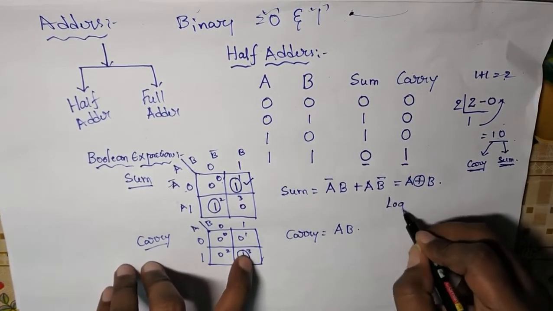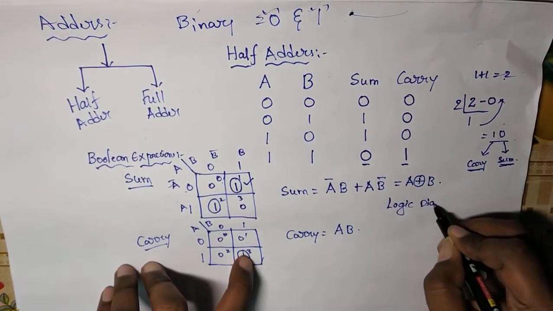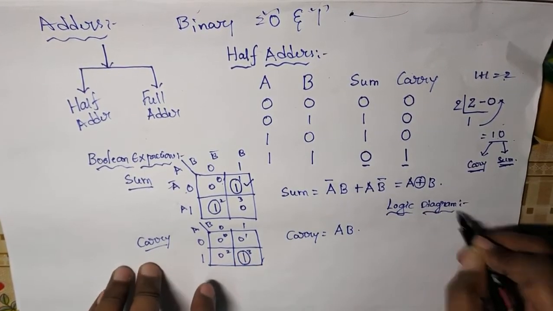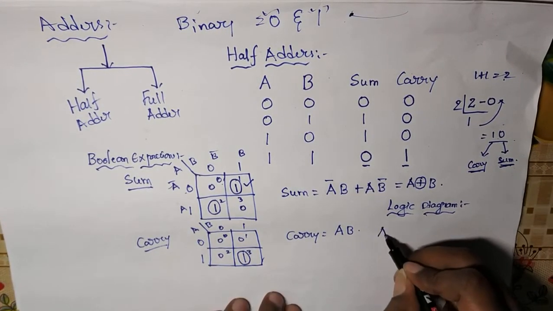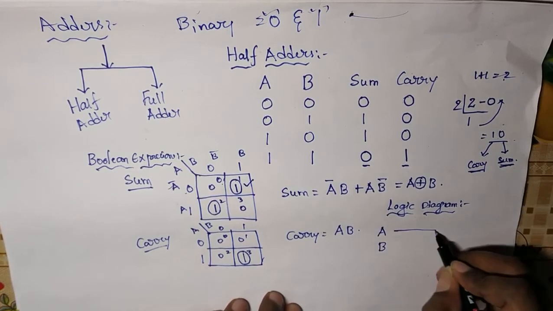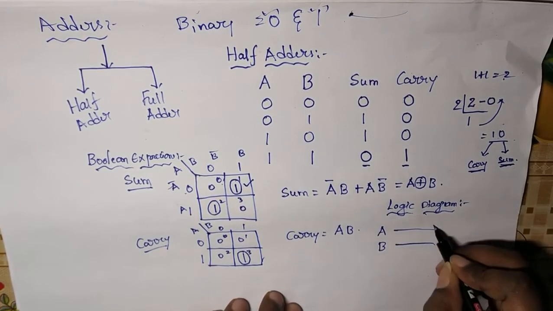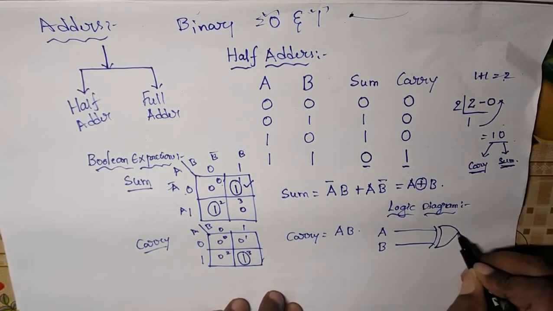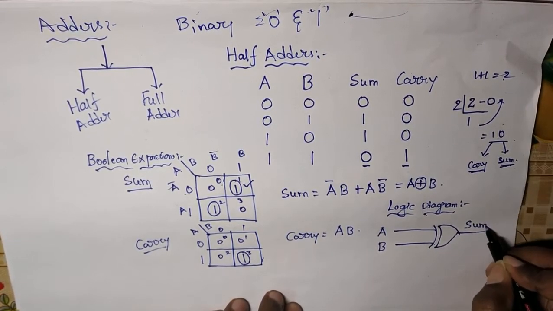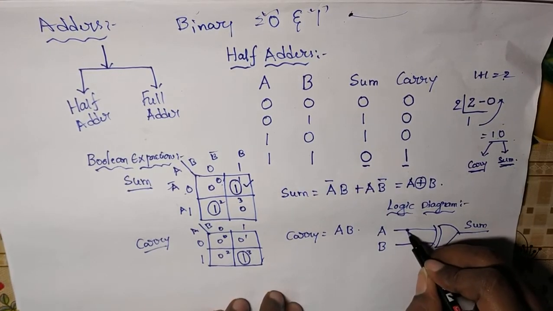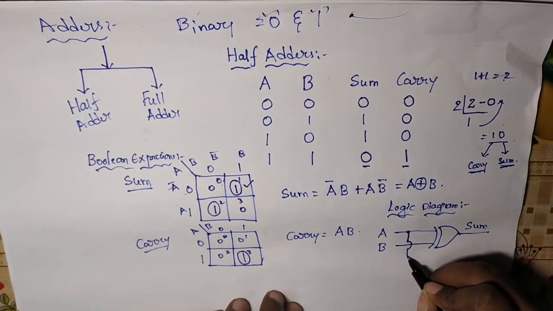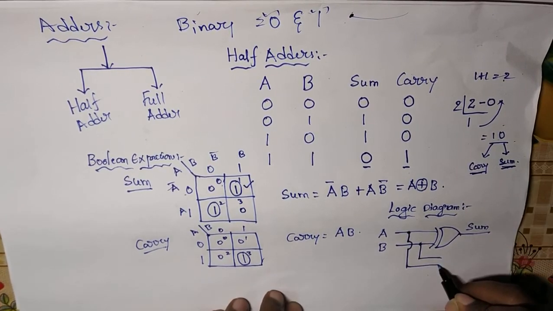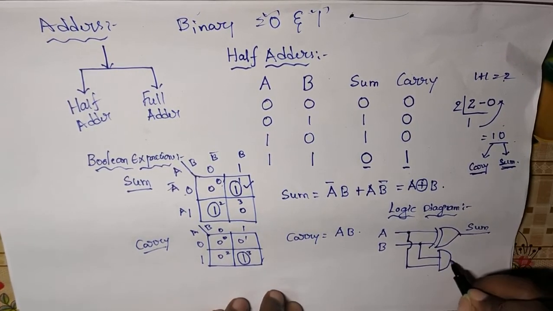The logic diagram for this: I have two inputs A and B. The two inputs perform an XOR operation to produce the sum output, and these two values are multiplied, or undergo an AND operation, to produce the carry output.